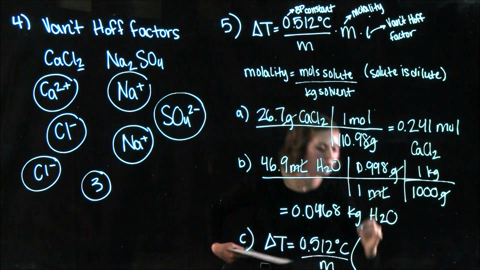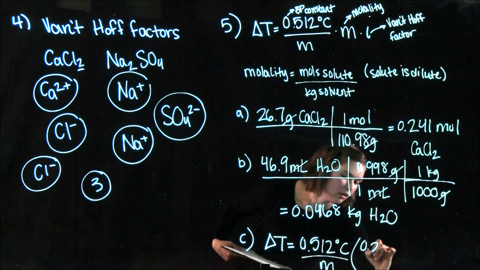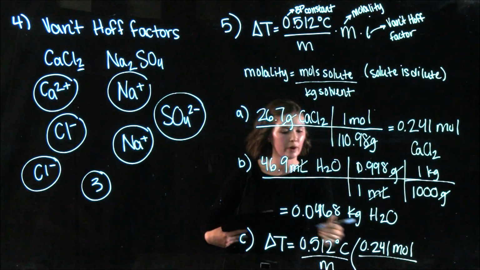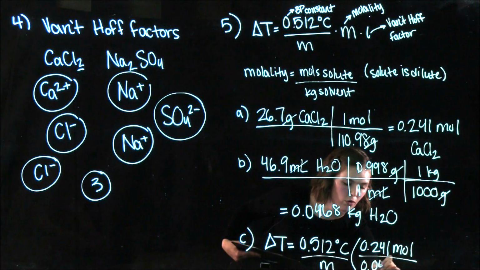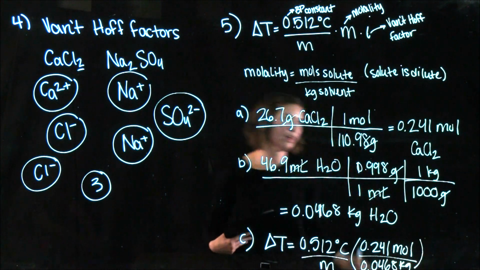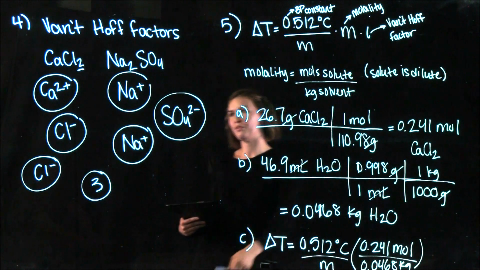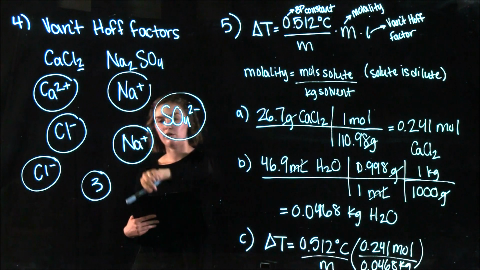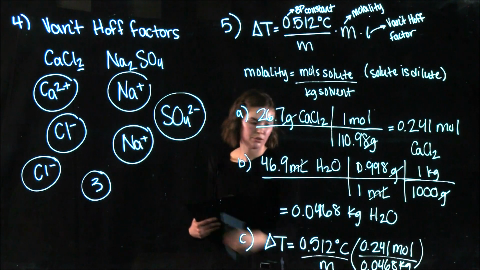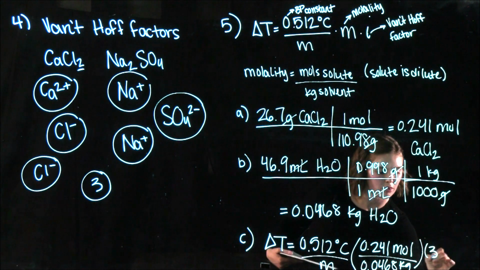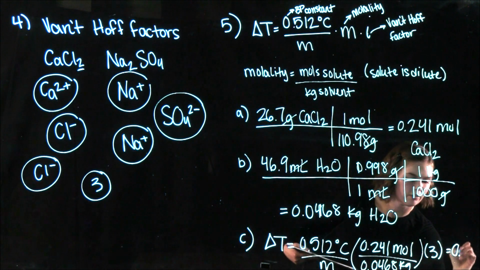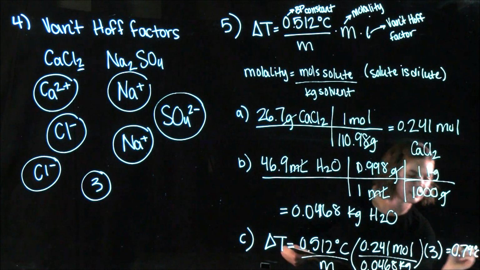So our moles of solute was 0.241 moles per 0.0468 kilograms, and then times our van 't Hoff factor, which we found over here. No matter which salt you do, it's going to be 3, but specifically for calcium chloride it is also 3. So times 3, and we get a boiling point elevation of 0.79 degrees Celsius.